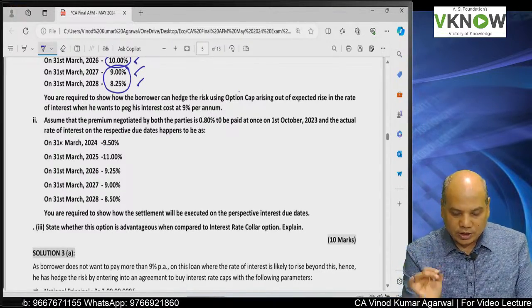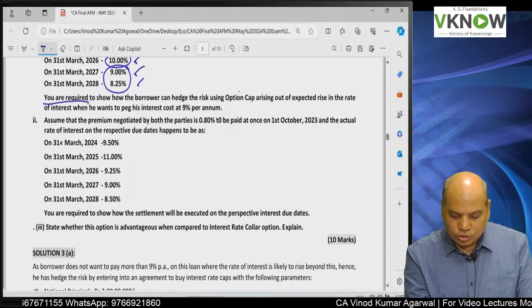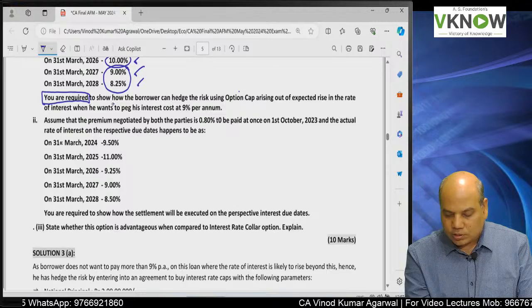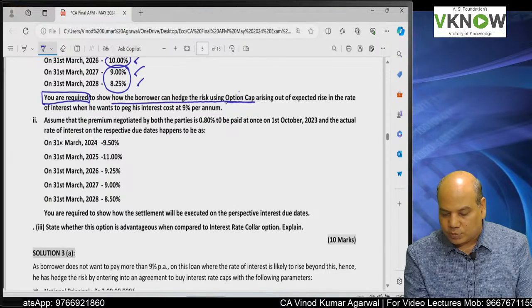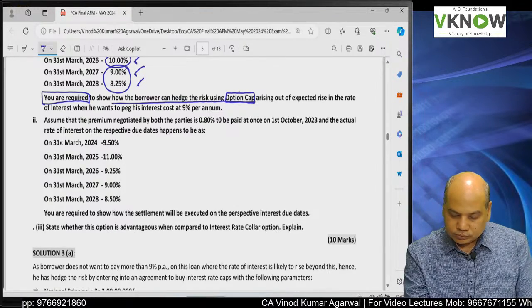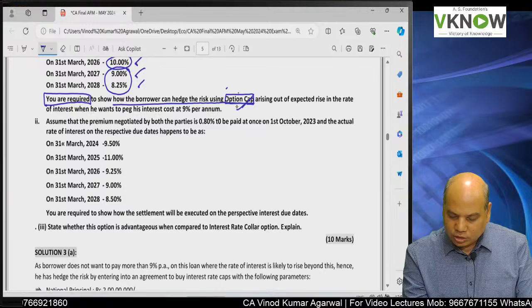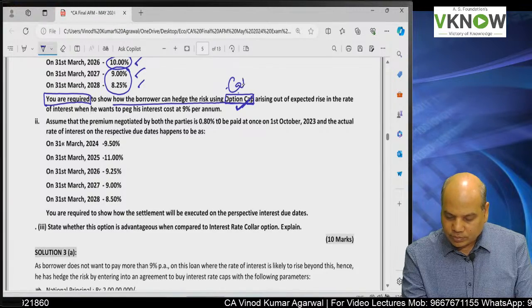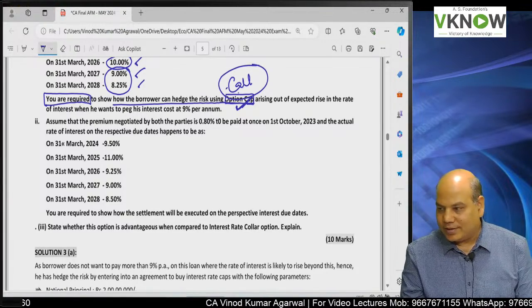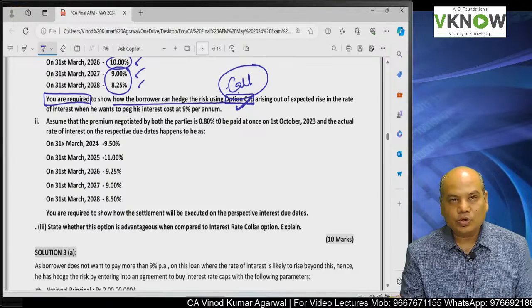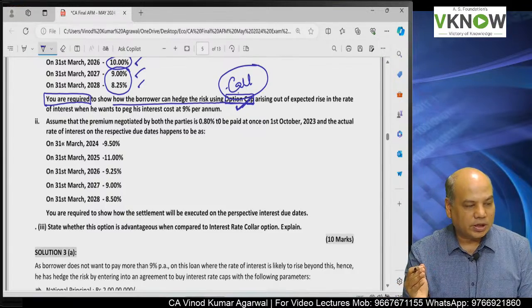You, the student, are required to show how the borrower can hedge the risk using option cap. Means you will have to buy a call option on interest rate, which will ensure that you don't pay more than a certain rate.